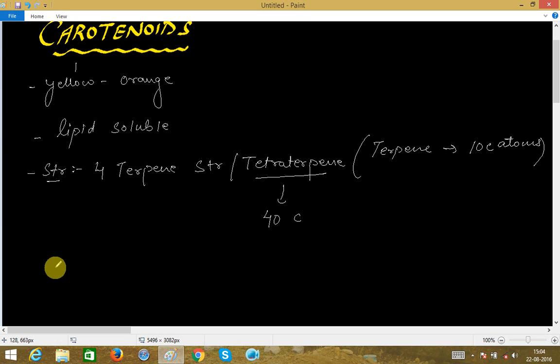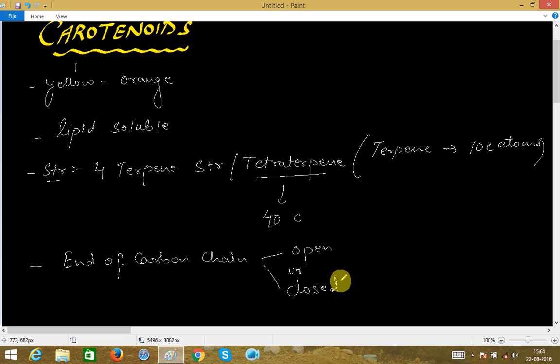The end of this carbon chain can be open or it can be closed. Not the ring, we will call it the chain. It can either be open or closed.